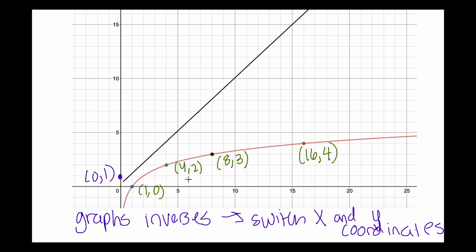Instead of 4, 2, I plot a point at 2, 4. 3, 8. And 4, 16. So as you can see, I just took the logarithmic graph, flipped it over y equals x, and that is the exponential graph.